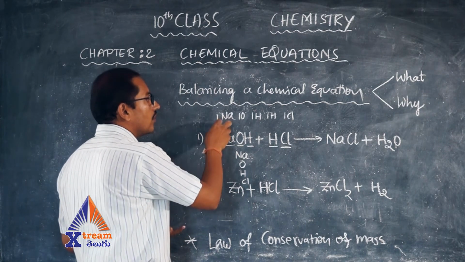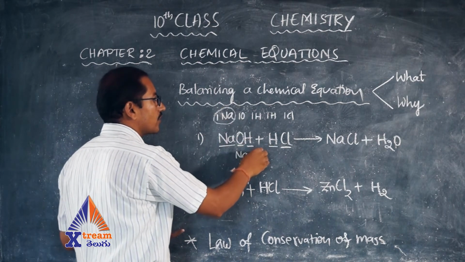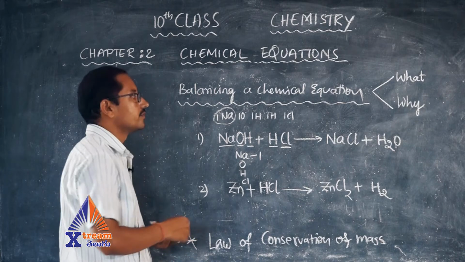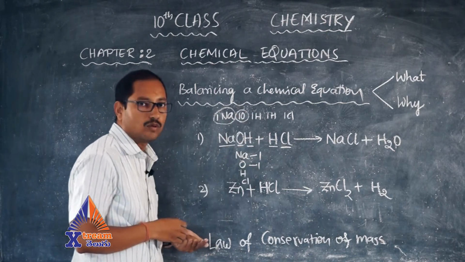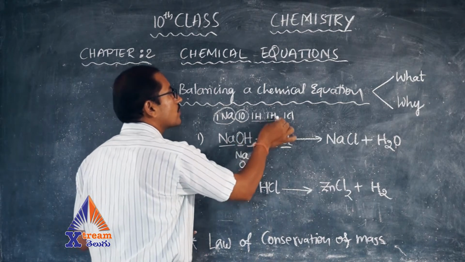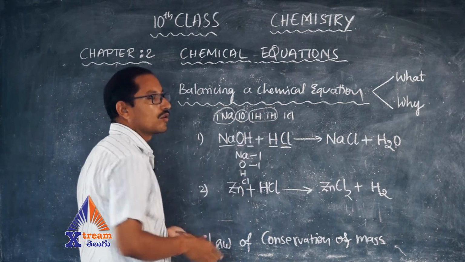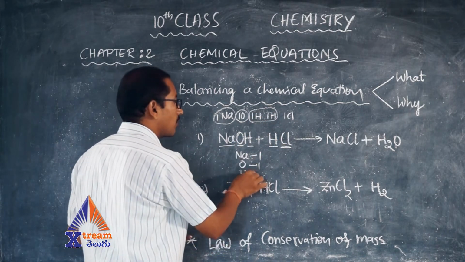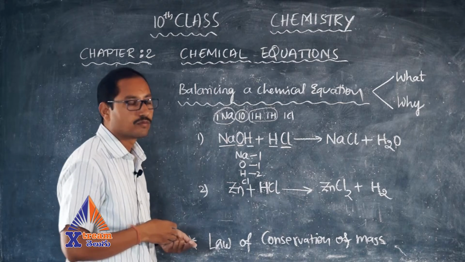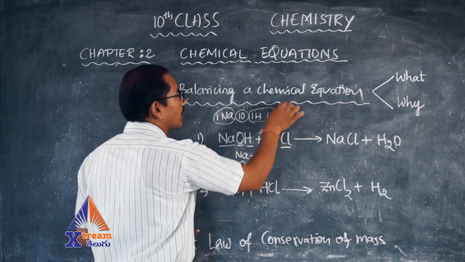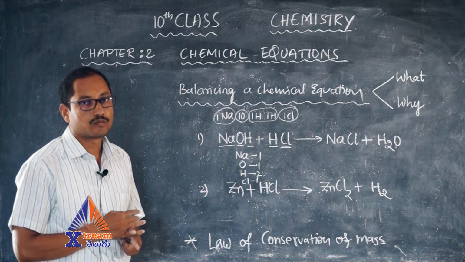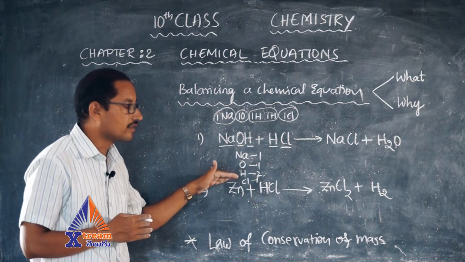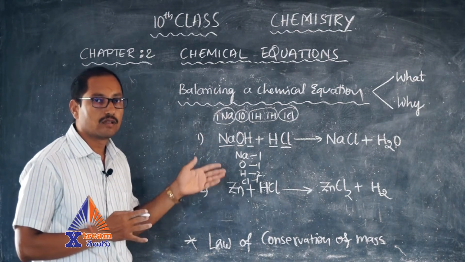Here, one sodium is there, so the number of sodiums is equal to 1. One oxygen is there, number of oxygens is equal to 1. 2 hydrogens, 1 plus 1 is equal to 2, number of hydrogens is equal to 2. And 1 chlorine is there, so number of chlorines is equal to 1. This is how we calculate the number of elements on the LHS side.